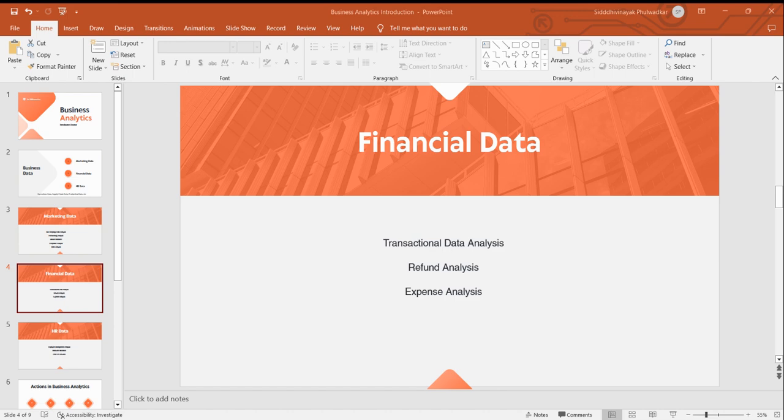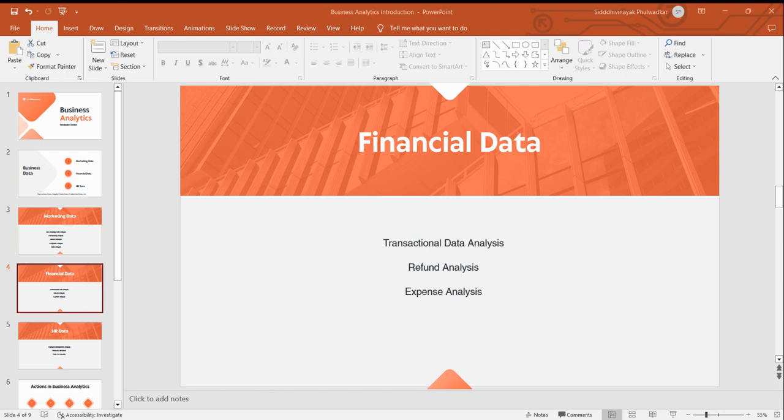It also has a similar application in Amazon, Flipkart, Myntra, Meesho, this kind of e-commerce platform, or BigBasket. Okay, wherever you find refund policies present, there is a separate team who analyze why people are asking or claiming their refund, whether the product quality was not good, whether the product was not delivered on time, or whether the product was delivered on time and the quality is good, but it was damaged.